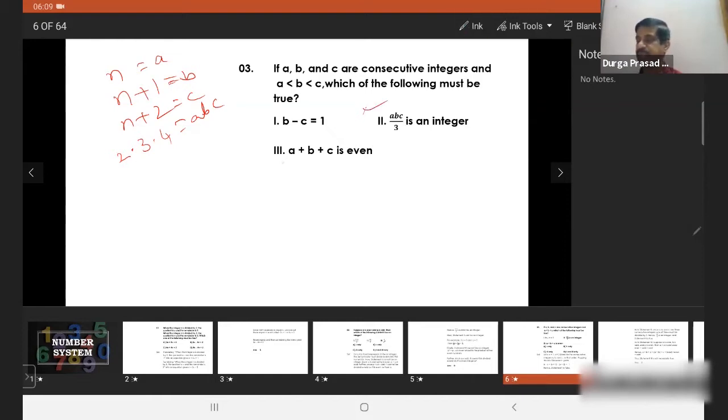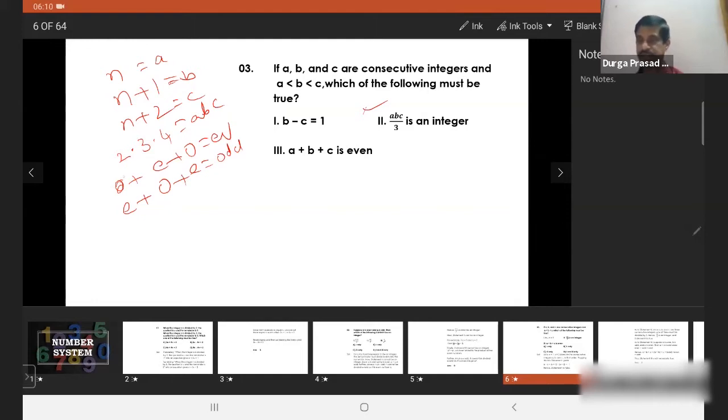Okay. A plus B plus C is even. So this you should think. Suppose A is odd or otherwise n is odd. Odd plus even plus odd is even. So this can be even. But if I say first is even, even plus odd plus even is odd. Therefore, this cannot be even all the time.